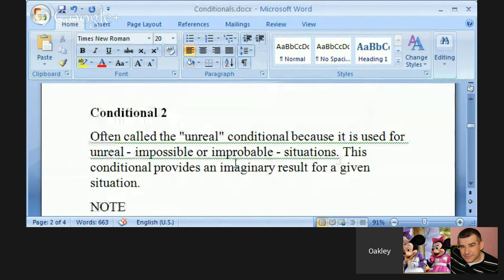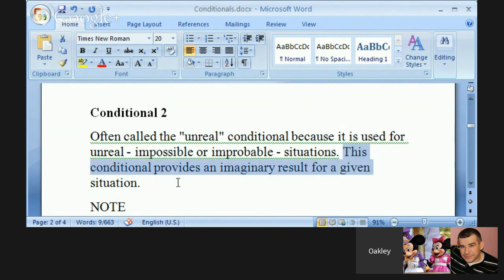Okay, let's move on to conditional number two, or the unreal conditional, because it is used for unreal, impossible, improbable, hypothetical. The speaker thinks this is not likely or maybe completely impossible. And imagine, we're talking about hypotheticals here.